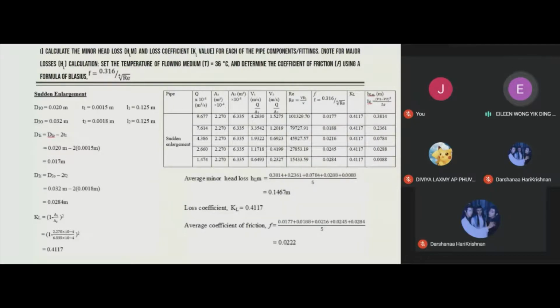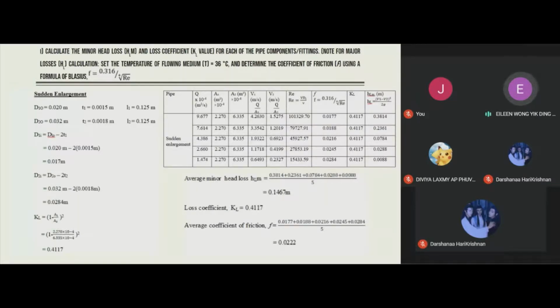We can also calculate the velocity V1 equal to Q divided by A1, and then V2 equal to Q divided by A2. For Reynolds number, it is equal to the first velocity times the first inner diameter divided by the kinematic viscosity, which at temperature T equal to 36 degrees Celsius is taken from the table by using interpolation.